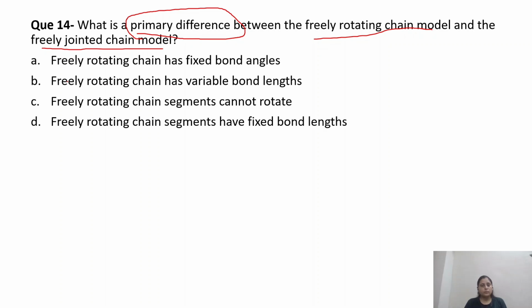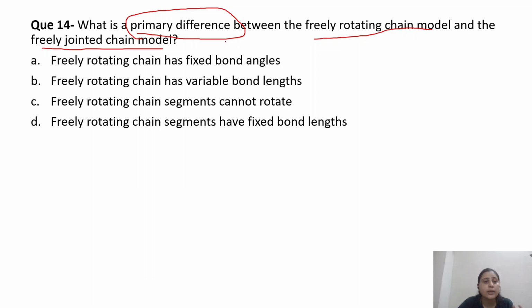The freely rotating chain model is different from the freely jointed chain model, and the freely jointed chain model is basically the ideal chain, which can randomly walk, and it should not have a fixed bond angle. Its bond angle can be random.